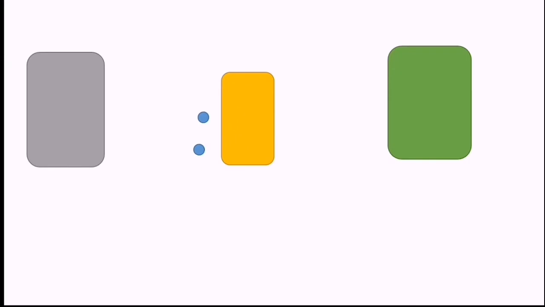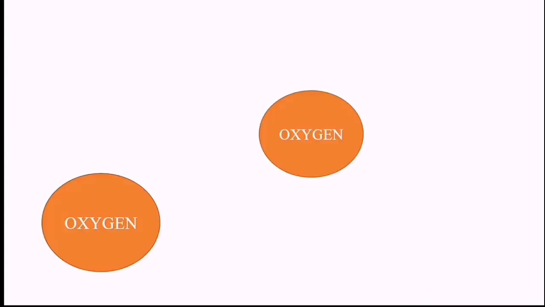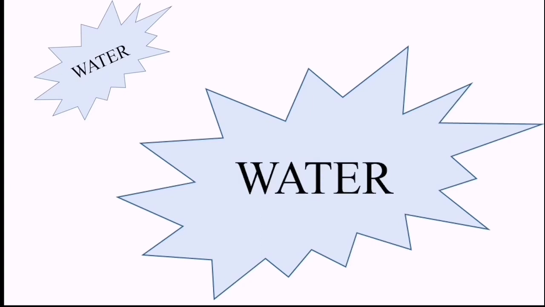This process continues down the series until electrons are passed to oxygen, which is the most electronegative and terminal electron acceptor in the chain. Oxygen, at the end of the series, accepts the electron and will then be reduced to water.